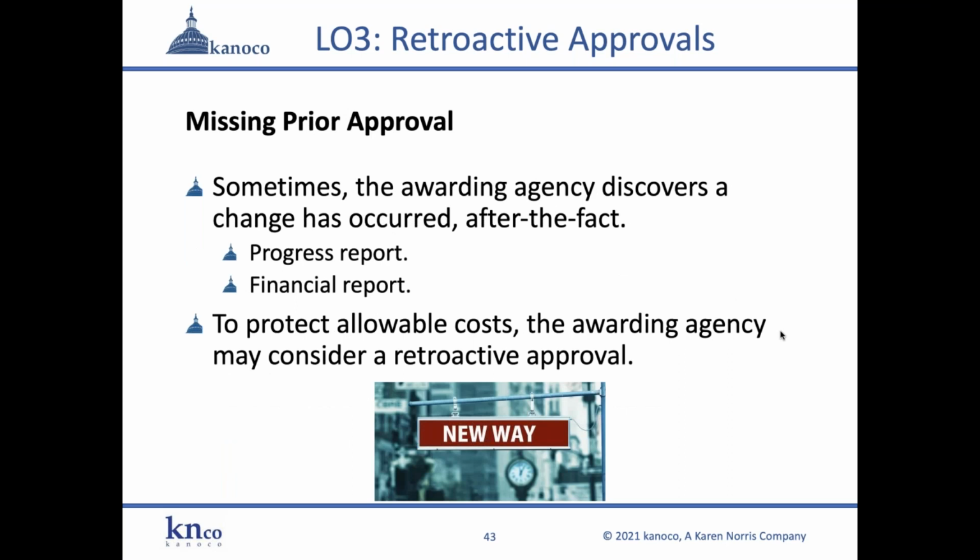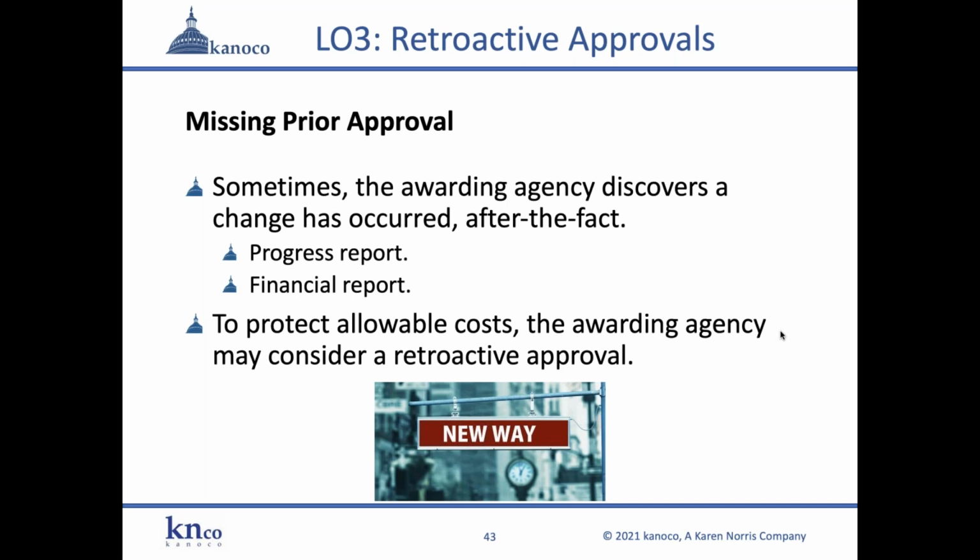Now, what happens if the recipient doesn't realize they're supposed to get prior approval? They go ahead and make the change and they don't mention anything, and the awarding agency will discover the change down the road after the fact. They're reading a progress report or a quarterly financial report, and they see, oh, they purchased equipment, and that was in the budget, but that requires prior approval, and I don't have anything in my files that they got that prior approval.